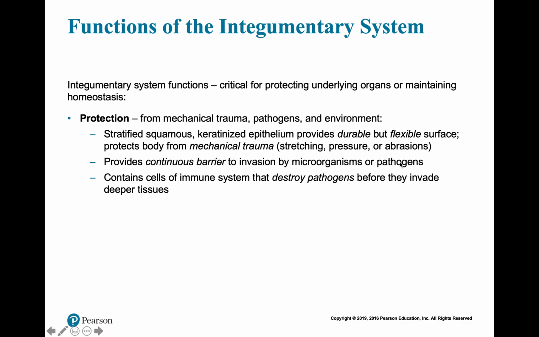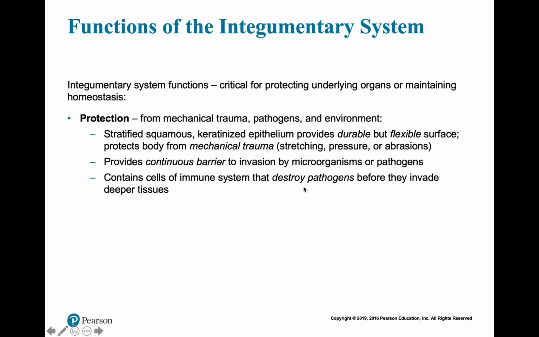And having lots of layers of the epidermis means that these pathogens have to get through lots of layers of cells before they can get into the bloodstream and potentially cause infection. So having those lots and lots of layers of stratified squamous epithelium also provides a good barrier against invasion by unwanted microorganisms.